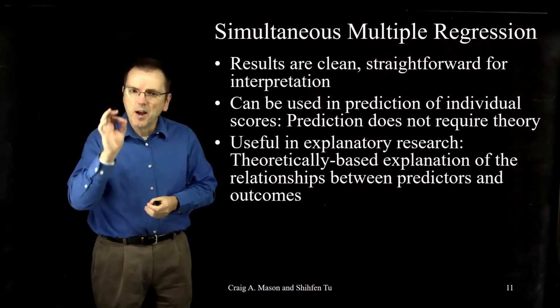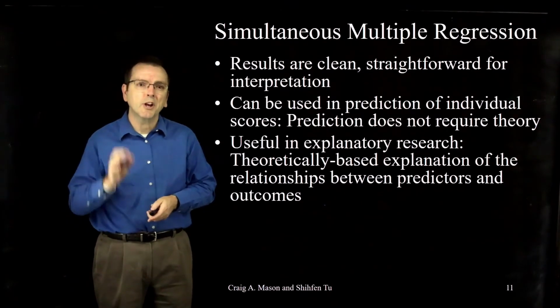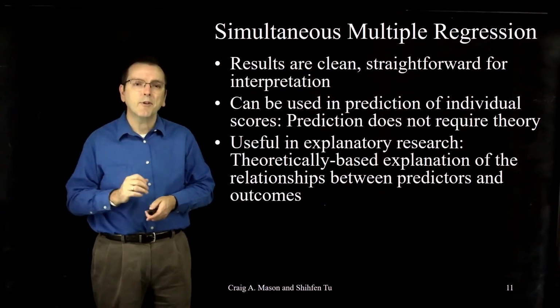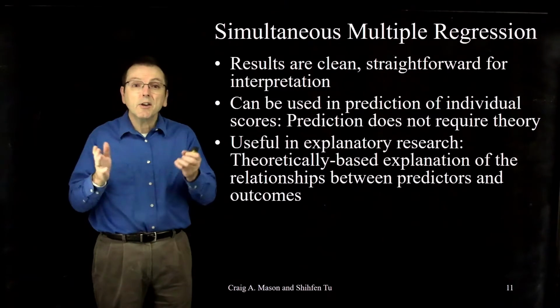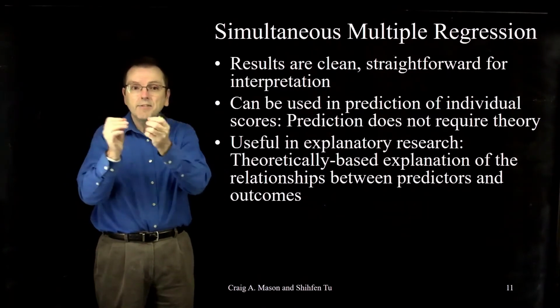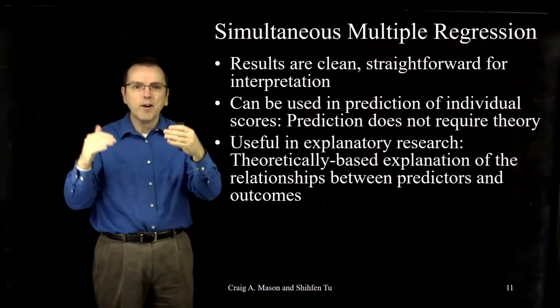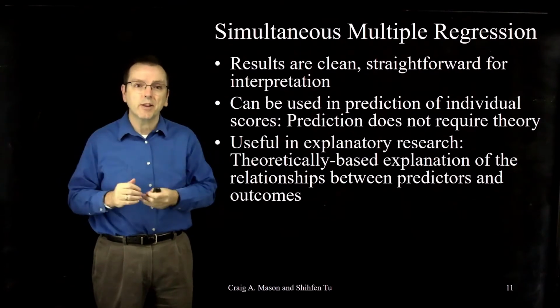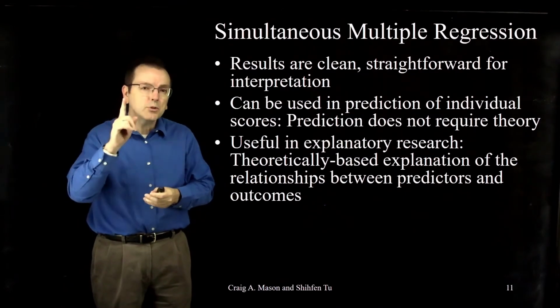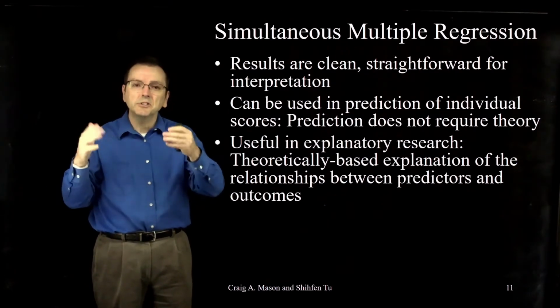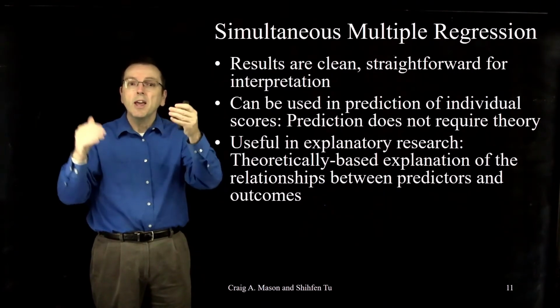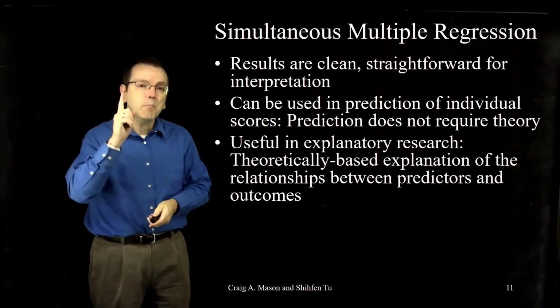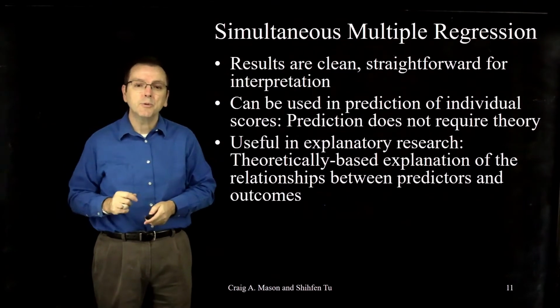Well, sometimes simultaneous multiple regression may be the best way for that type of work, particularly if you have no idea of how different predictor variables are related to each other. But if you do have some sense or some beliefs of how your predictors influence each other, there may be a better way to do this.